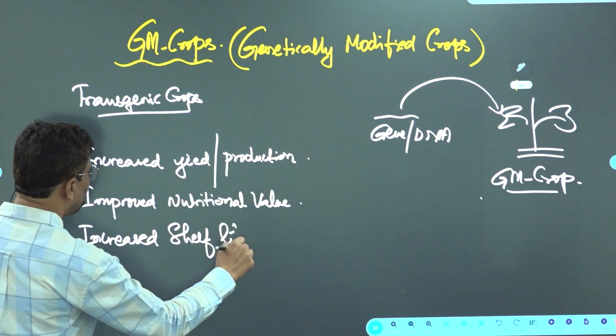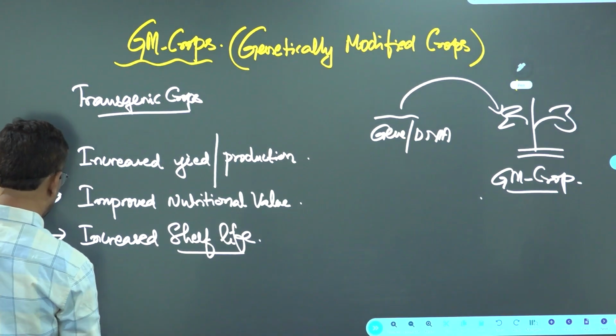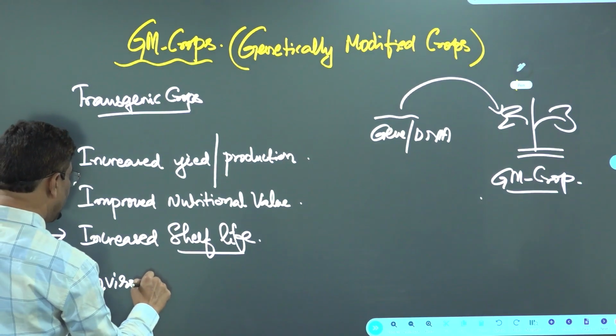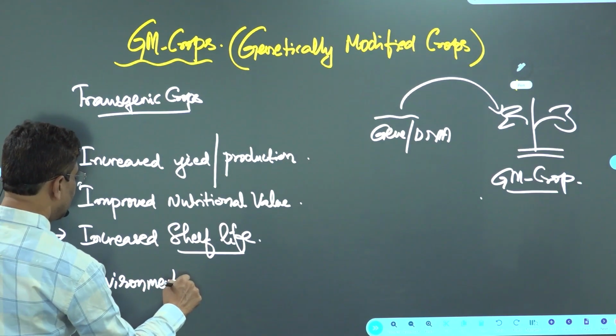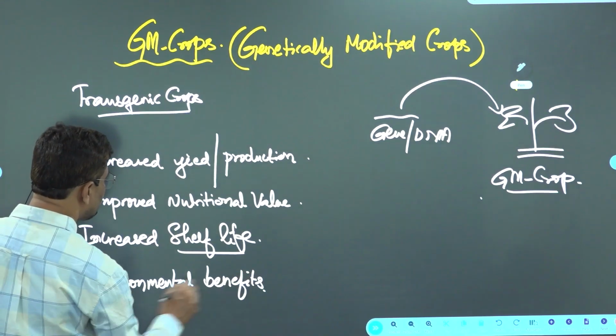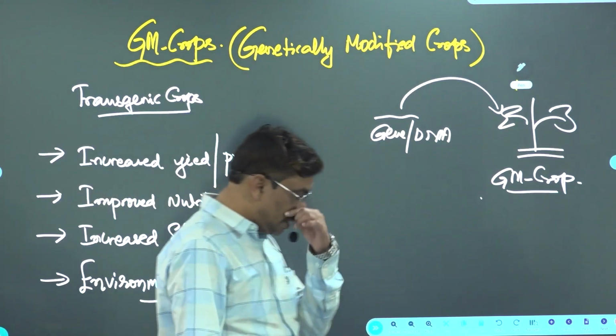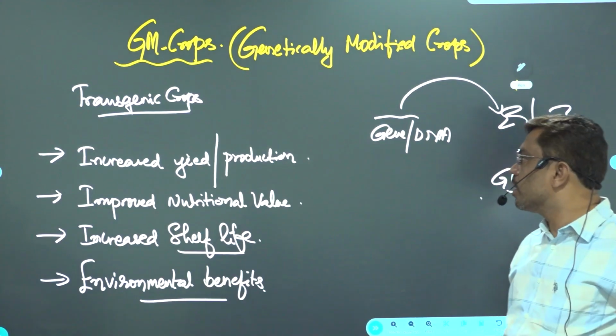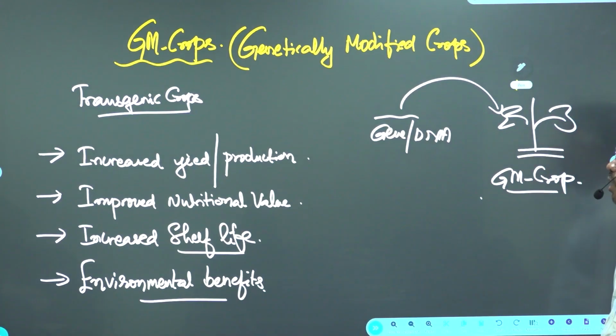Increased shelf life of the crops, and also crops with environmental benefits can be produced. So: increased crop production, improved nutritional value, increased shelf life of the crops, and environmental benefits.